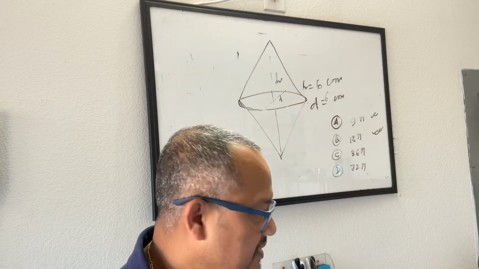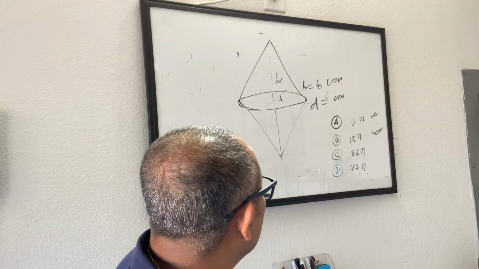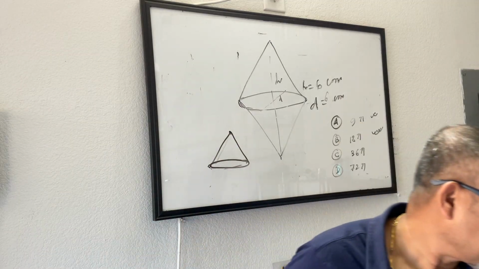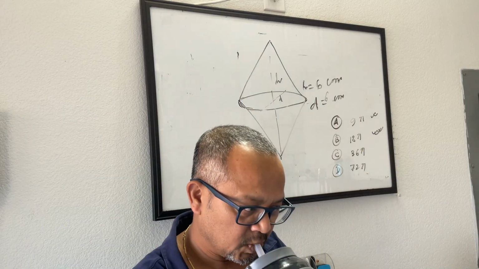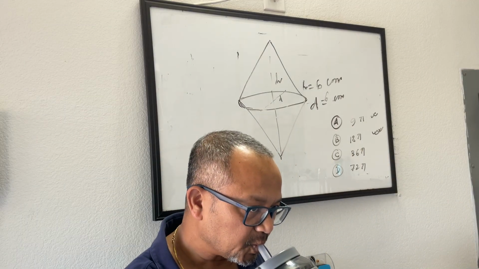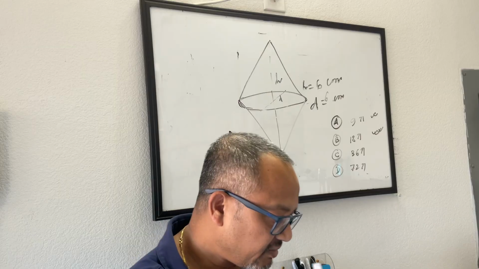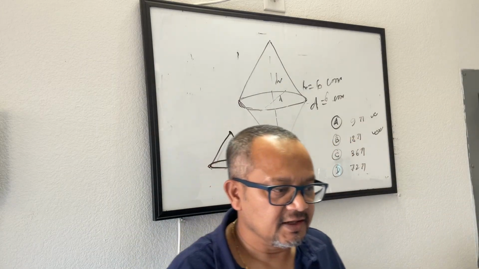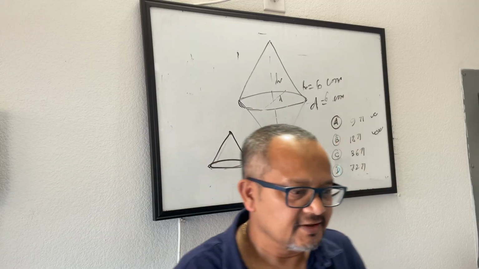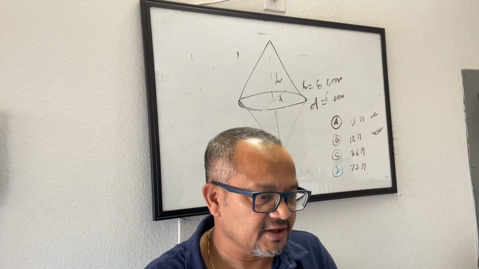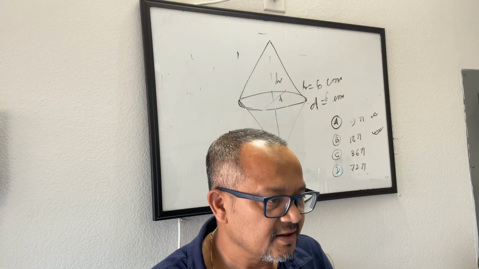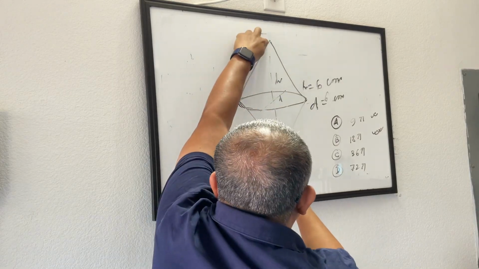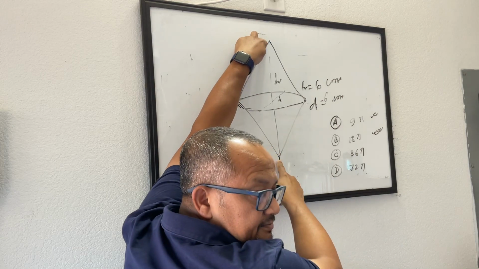For the height, is that the height from the top all the way to the bottom? Yes, sir. Okay. So from the point of the top cone all the way to the point of the bottom cone, that's H. And they're both congruent.